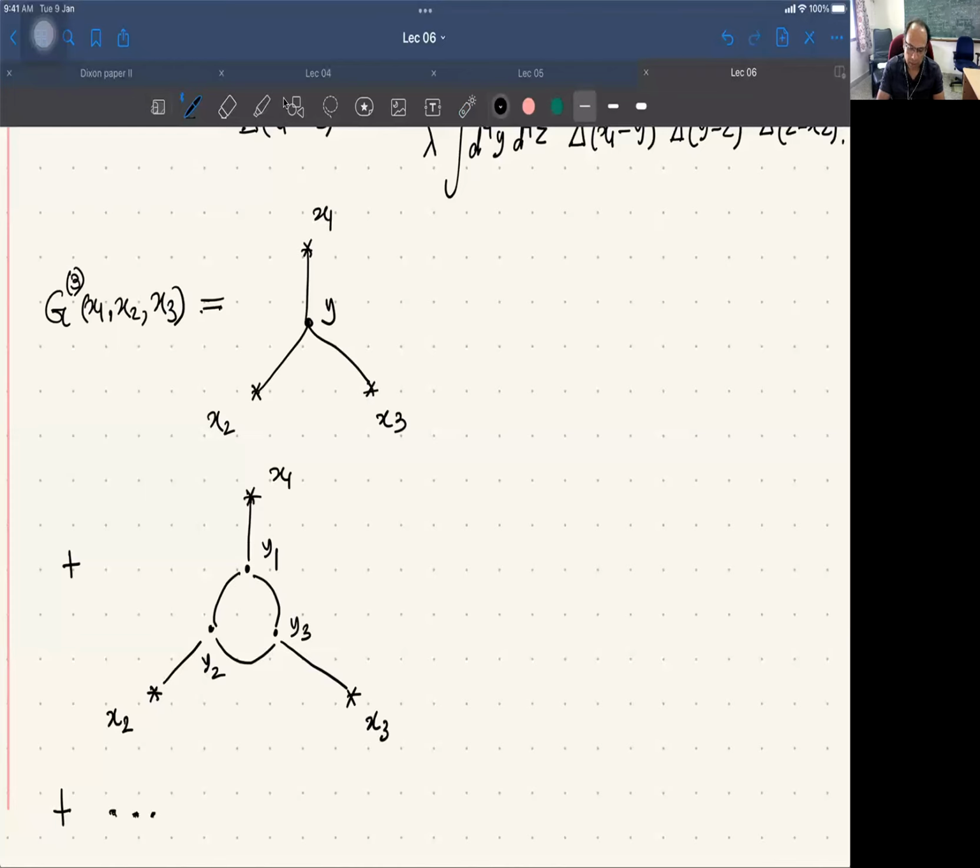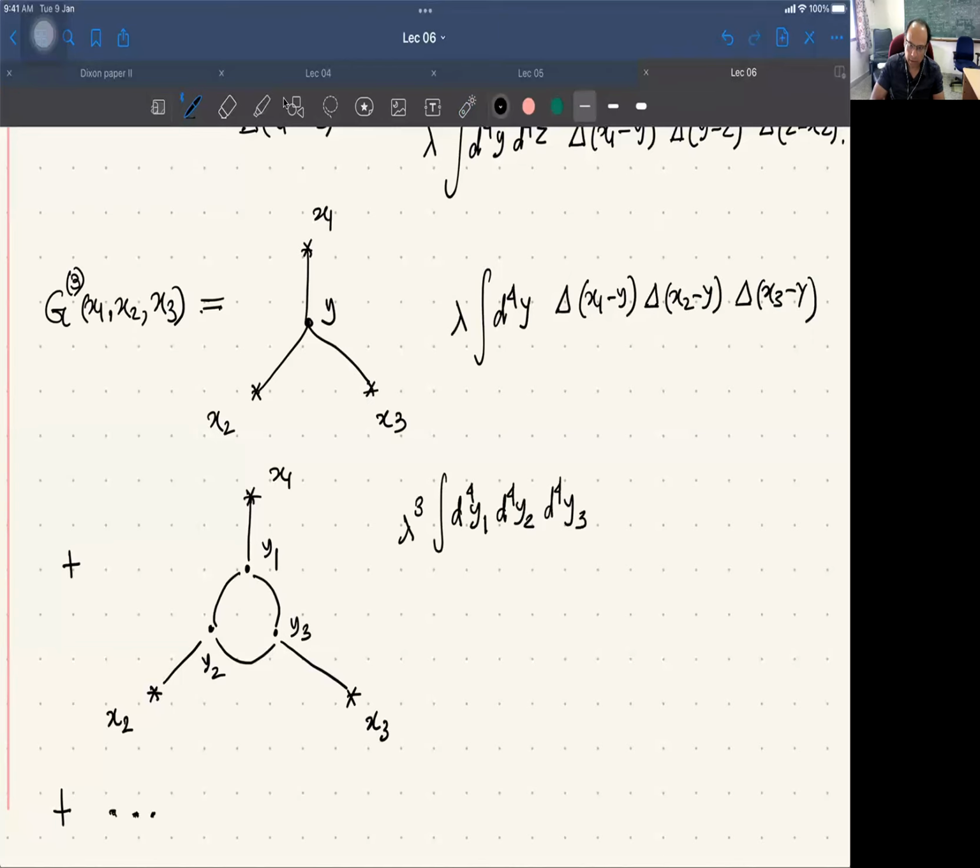So now the Feynman expressions will be as follows. There's only one factor of vertex, so lambda integral d4y, then delta x1 minus y, delta x2 minus y and delta x3 minus y. Similarly, here there are three vertices. So lambda cube, d4y1, d4y2, and d4y3.